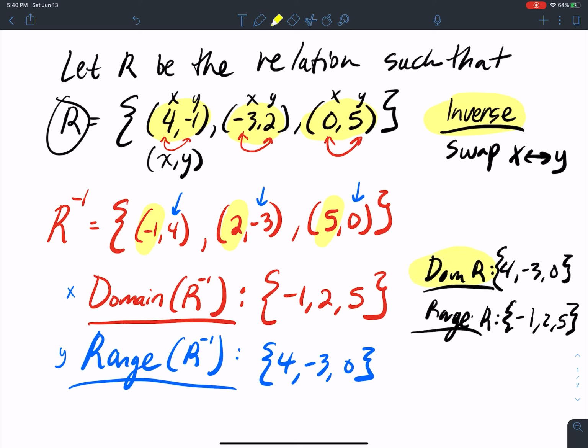The domain becomes the range, right? And then the range becomes the domain. We swap our x's with our y's. That's all we're doing for the inverse function.